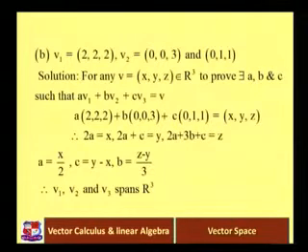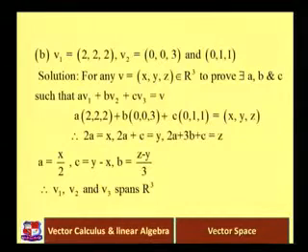So from that equation we will get 2A is equal to X, 2A plus C is equal to Y, and 2A plus 3B plus C is equal to Z. You can easily understand from the screen: A is equal to X by 2, C is equal to Y minus X, because C is actually Y minus 2A, but 2A is equal to X. And B is equal to (Z minus Y) divided by 3.